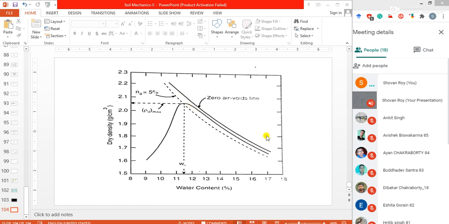But the significance of this zero air voids line is to show the amount, the percentage of air voids in the soil, corresponding to the water content and the dry density.